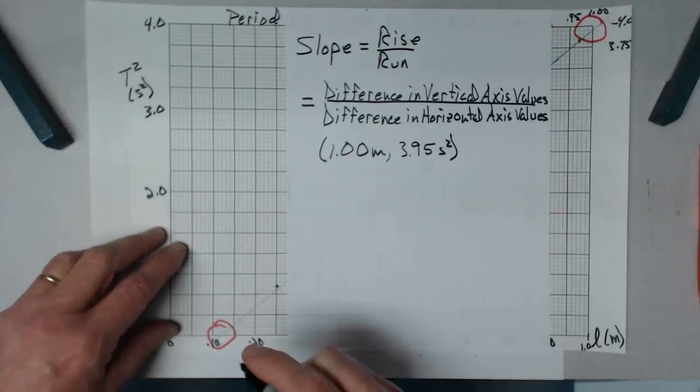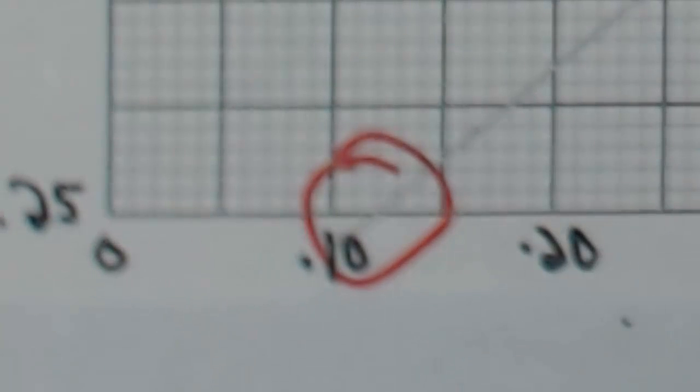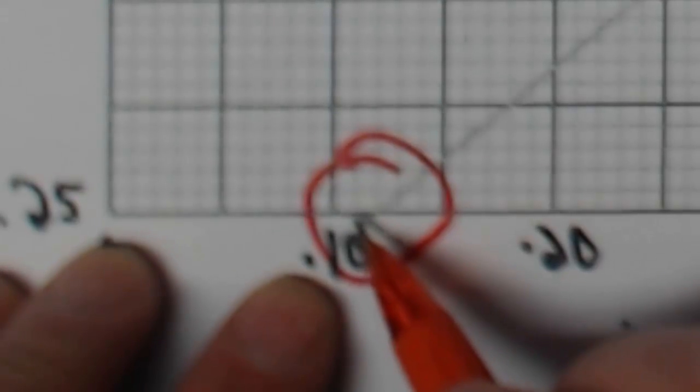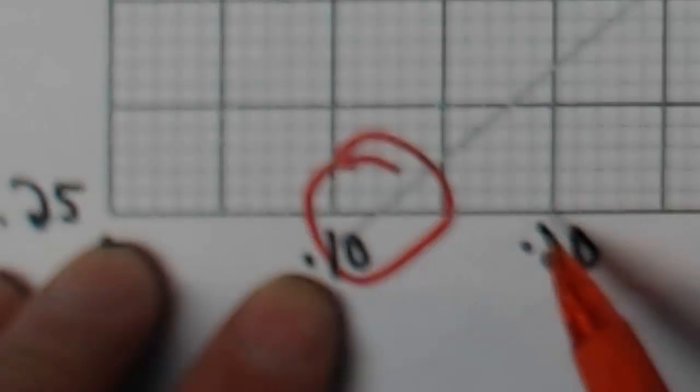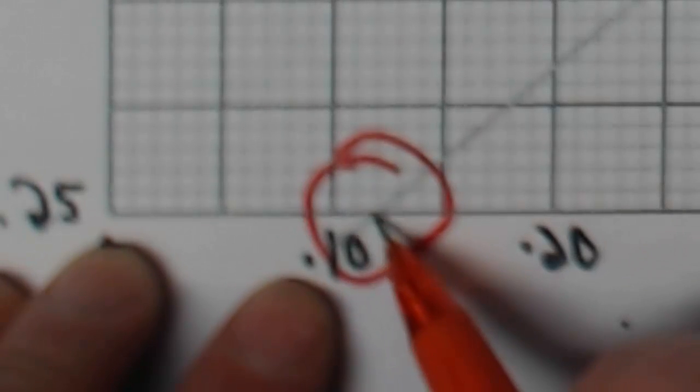When I do the same thing down here, this time I'll have to do a little bit of work to figure out the horizontal axis value. But this is 0.10 here, 0.20 here. Each one of these, this would be 0.11. This is 0.12, but it's a little bit to the right of that.